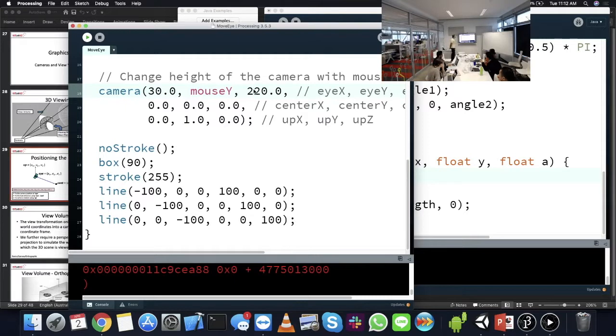The one is 1 meter now, the distance from the... For the up, this is basically a normalized value, something we haven't really talked about. These three numbers should add to 1. They don't have to, because it will do it itself, but basically a 1 in Y just means put the Y direction pointing up.